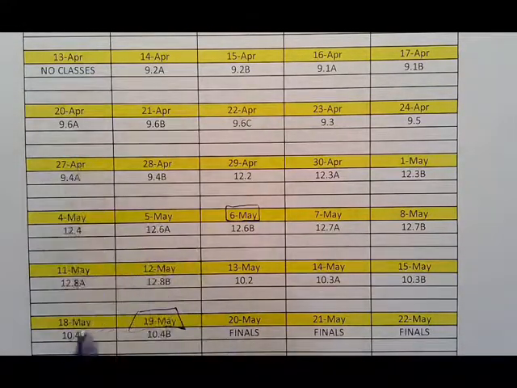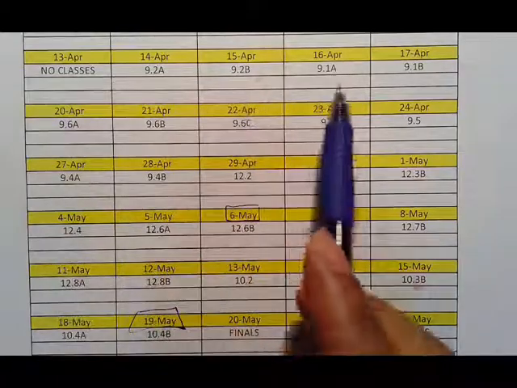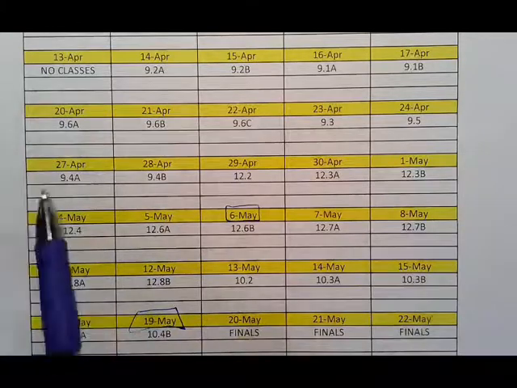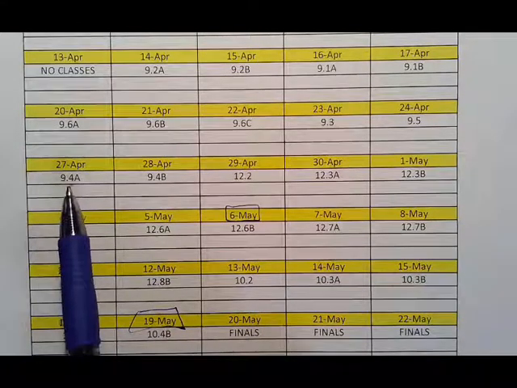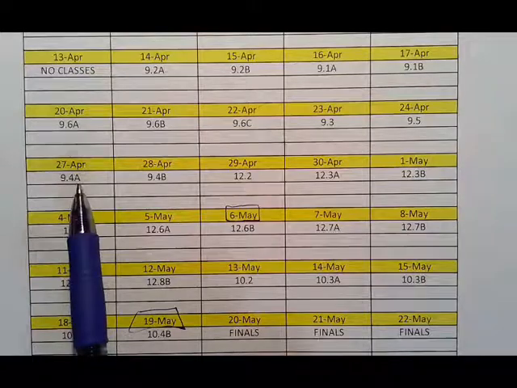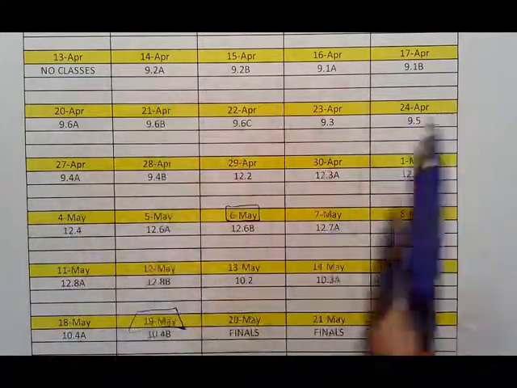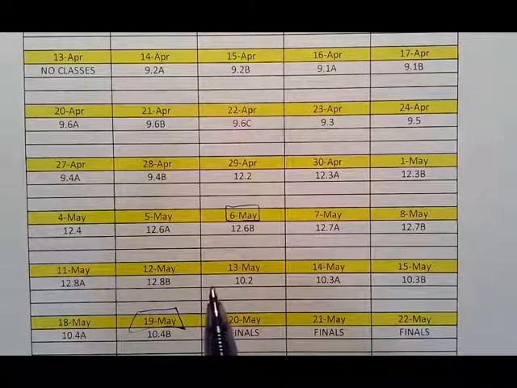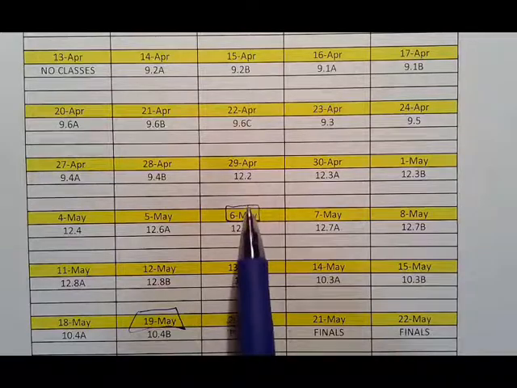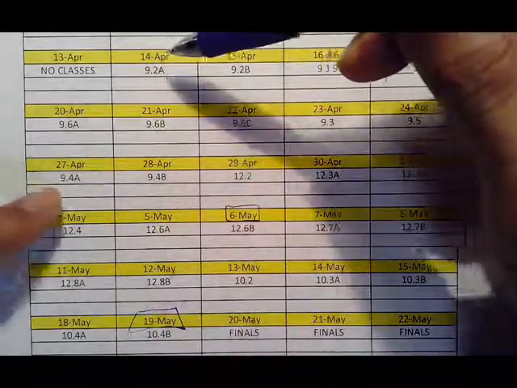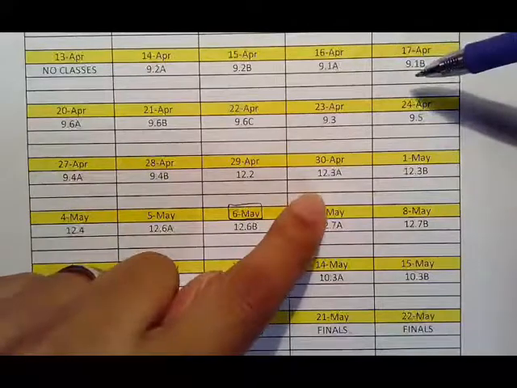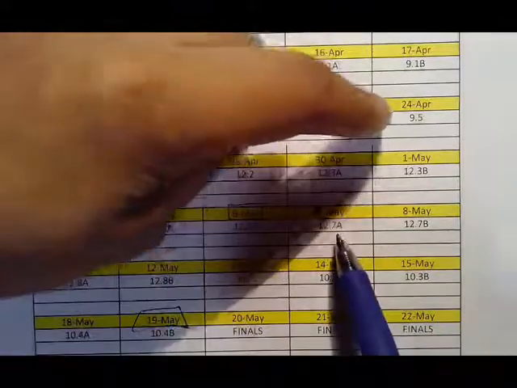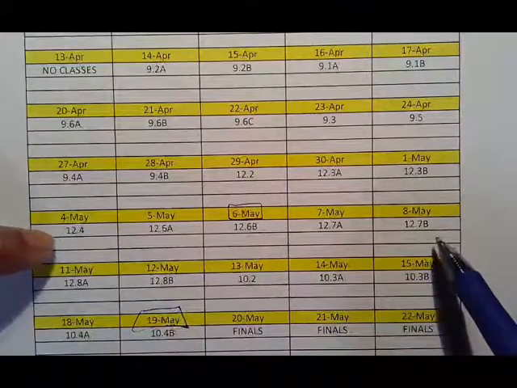And here's the thing, for those of you who have been working with me, you should notice that you've already covered 9.2a, 9.2b, etc. I am doing this video today for those of you who are doing the work so far. If you've been working, then you're already two weeks ahead, and you would finish here, because it would be 9.4a, 9.4b, 12.2, 12.3, 12.4, 12.6, 12.7, something like that.